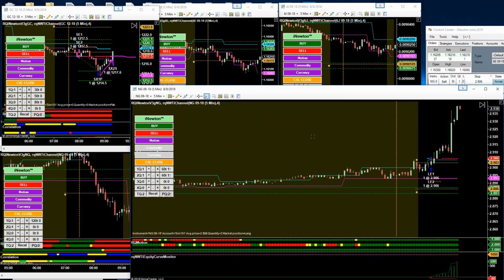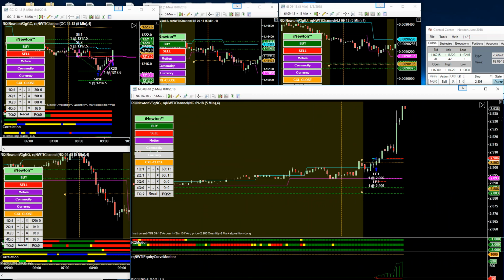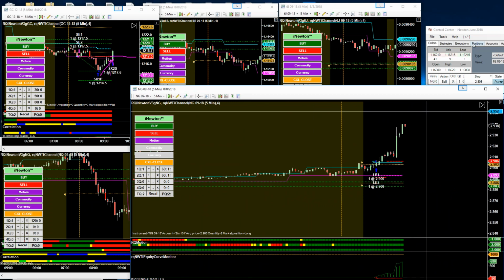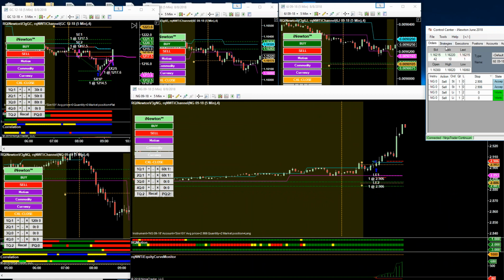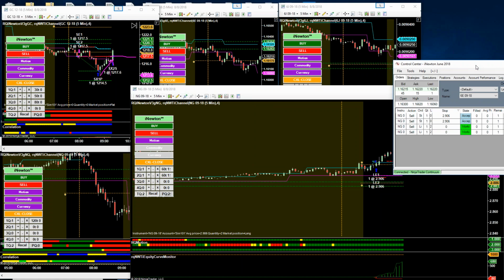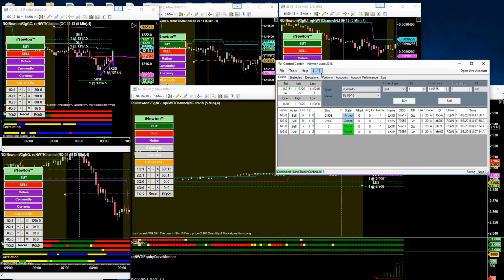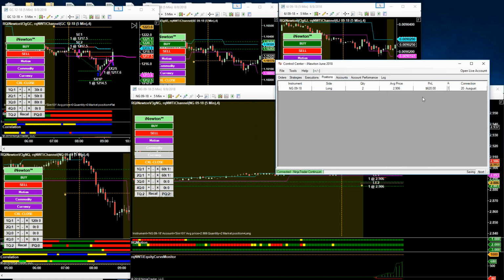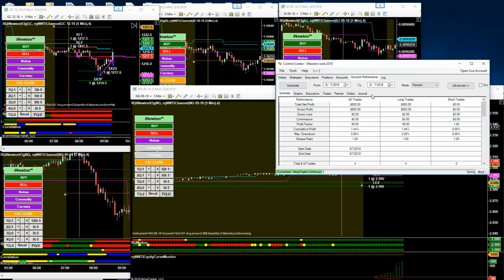And here we have the earlier position in nat gas is doing very well now. That took off. So an open position, we're up $620 on nat gas. Yesterday we had a nice trade in both nat gas and the Dow for $800.